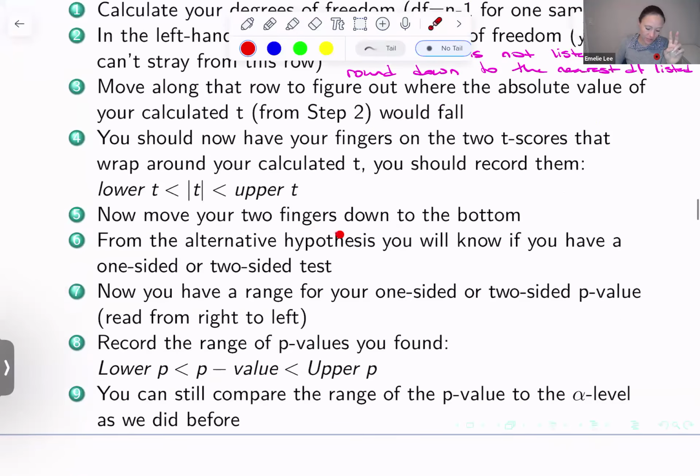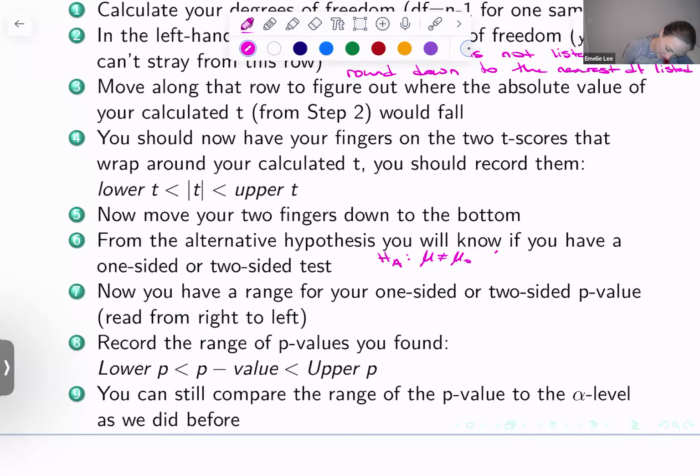Now, move your 2 fingers down to the bottom. This is where we have to go back to the alternative hypothesis. You'll know if you have a one-sided or a two-sided test. How? Because if the alternative hypothesis is that mu is not equal to some number, that not equal to tells me that I'm interested in both sides.